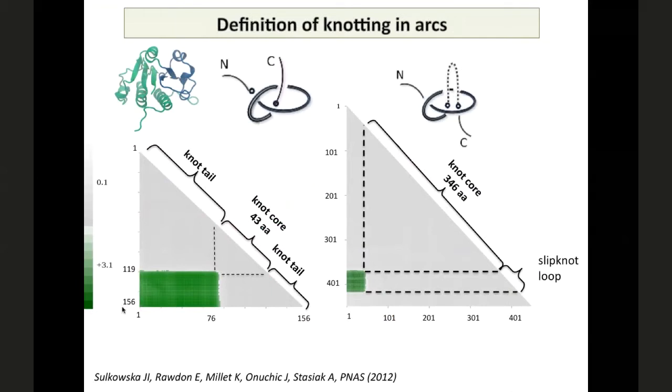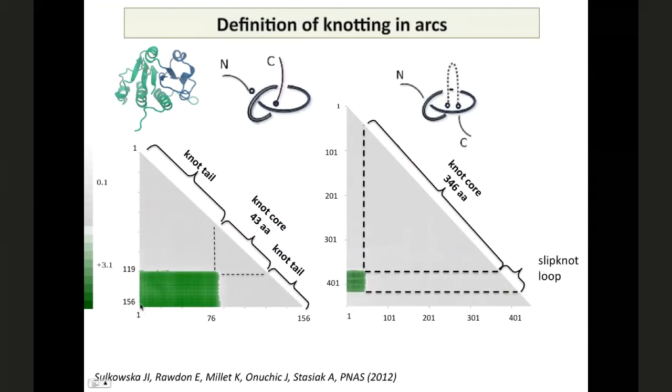To create it, we represent the protein as a matrix, as you can see here, where one axis represents the distance from N to C and from N to C. So for example, from 1 to 156 and 100 to 156. Thus, each element in the matrix corresponds to a different continuous subchain of the protein.